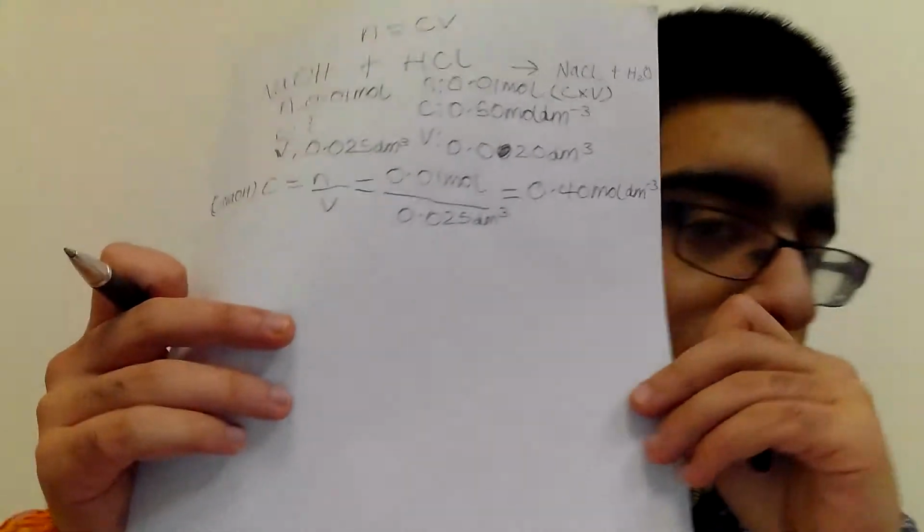And basically I'm going to divide this by 0.025 dm cubed. I'm basically going to get 0.40 mole dm cubed. So that's the concentration of sodium hydroxide.